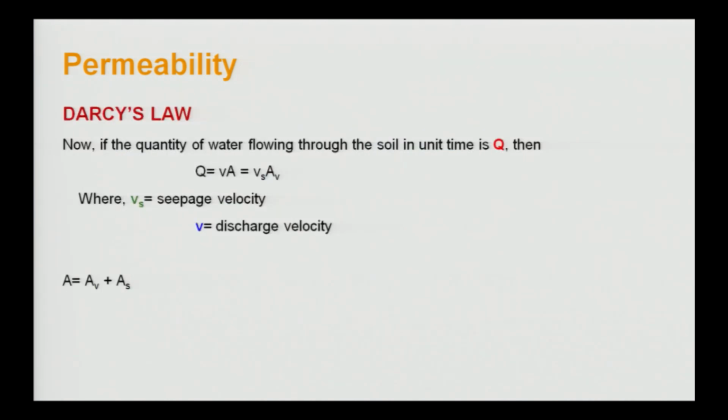Now, to prove it: if the quantity of water flowing through the soil in unit time is q, then q is equal to velocity into area, and similarly seepage velocity into area of voids, because the seepage velocity is valid for the voids, since the water flows through the voids. The total area is area of voids plus area of solids, as we saw in the previous diagram.